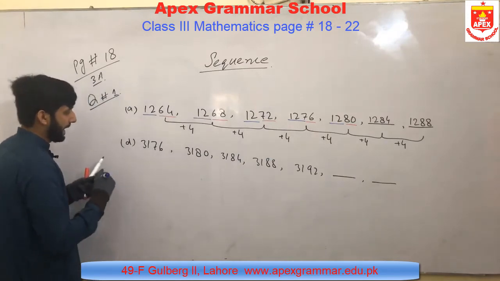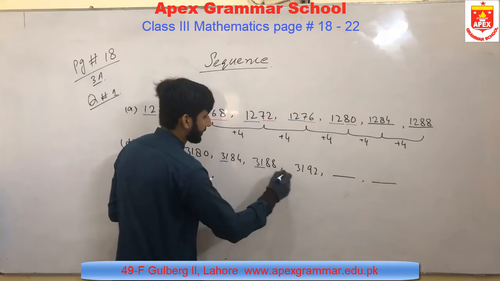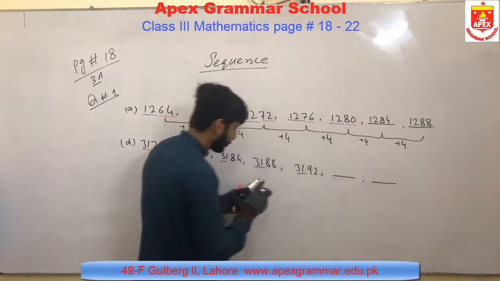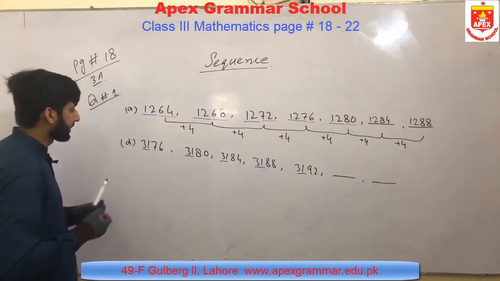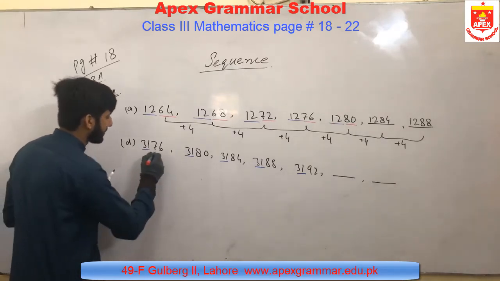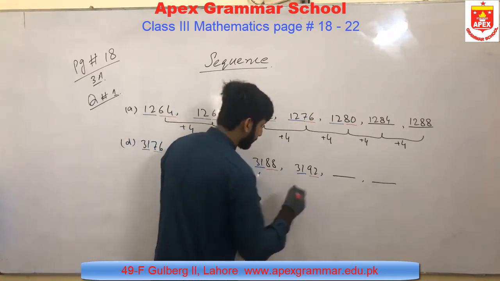Once again you will notice that the first two digits of each number are 31. This means that in the upcoming two numbers the first two digits will always remain the same. This is 31, then the last two digits of each number are 76, 80, 84, 88, 92.